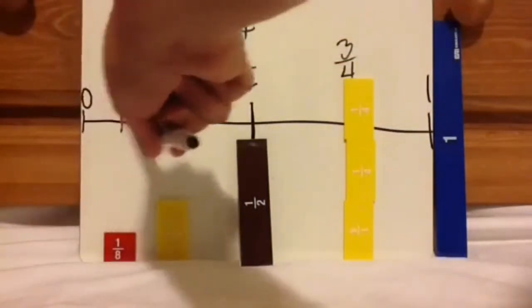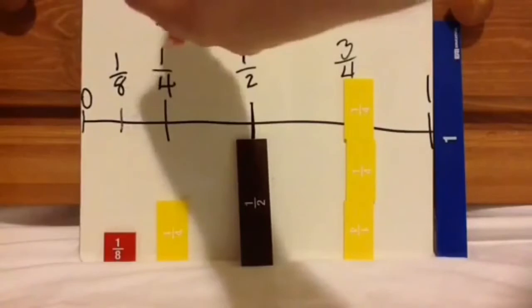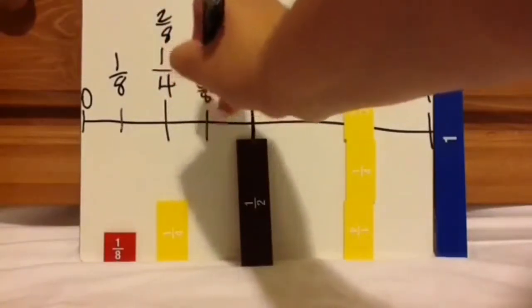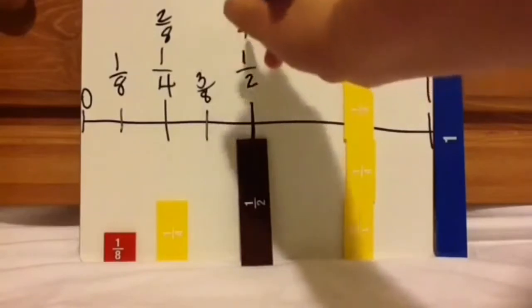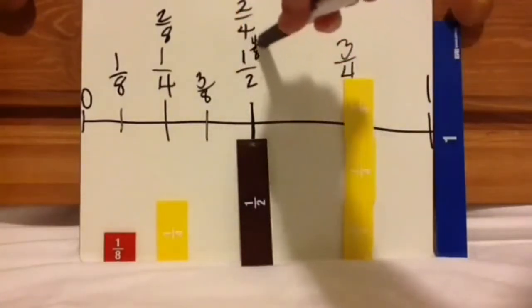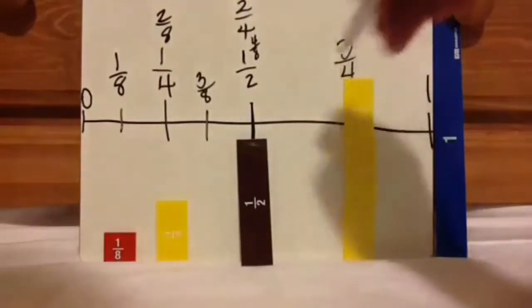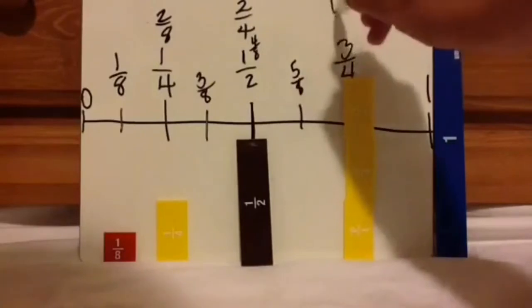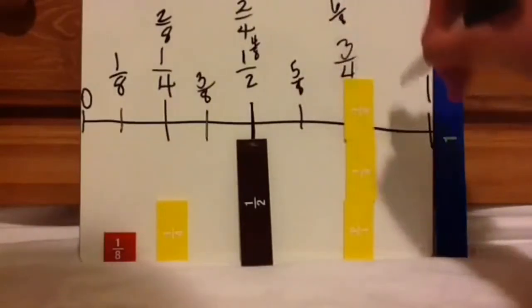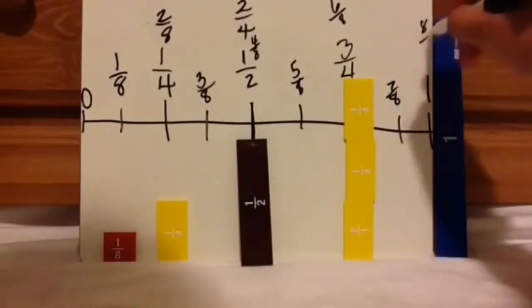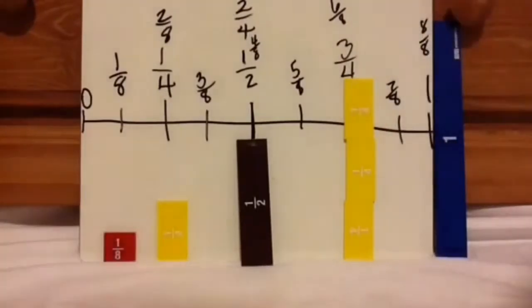If that's 1/8, then this must be 2/8. Then this must be 3/8. This is going to be 4/8. And that's true because 4/8 is equivalent to half, so I know I'm doing this correctly. This would be 5/8. 6/8 is equivalent to 3/4. 7/8, and then obviously 8/8, which is equivalent to 1 whole.